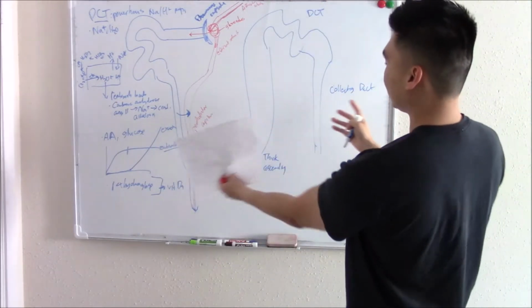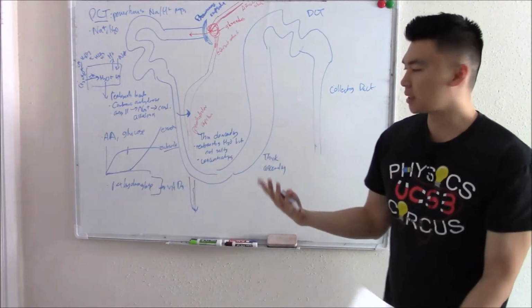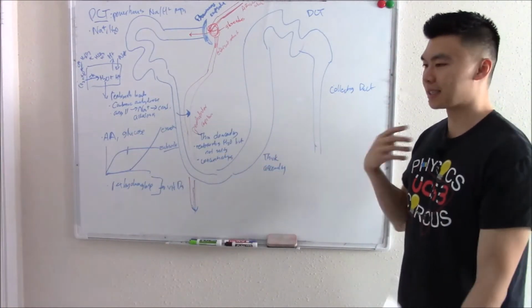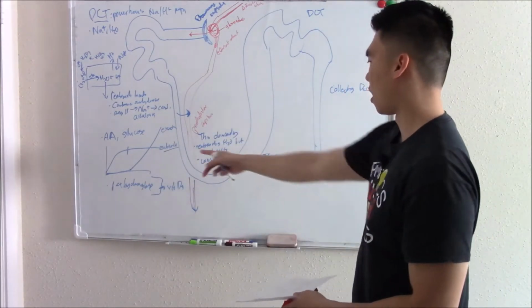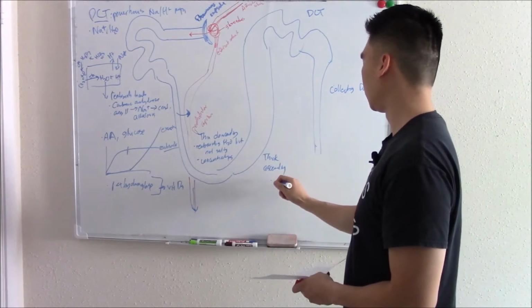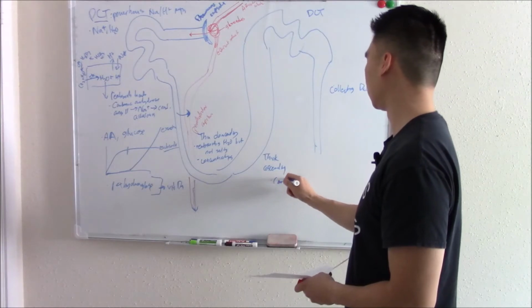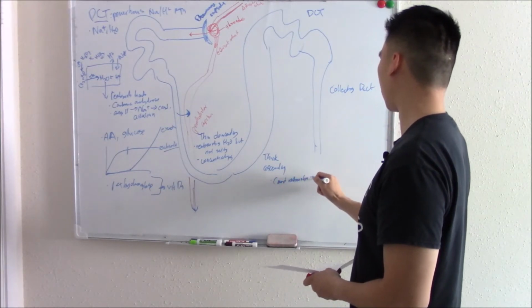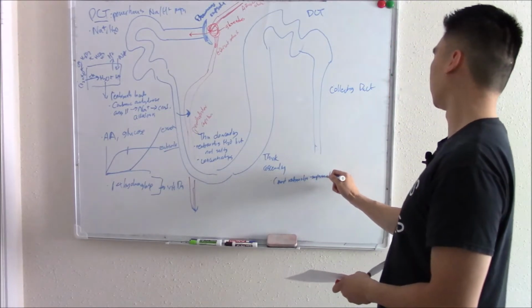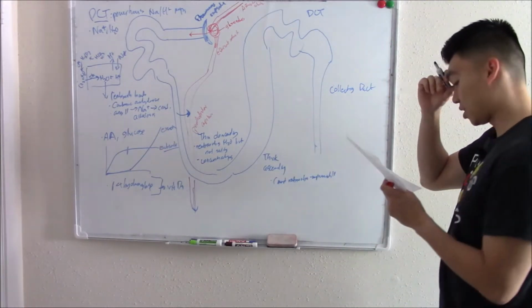How about your thick ascending? Well, your thick ascending is like the brother of the thin descending. It does the exact opposite. So whereas this reabsorbs water, your thick ascending limb can't reabsorb water. It's impermeable. That's just a fancy way of saying it can't do it.